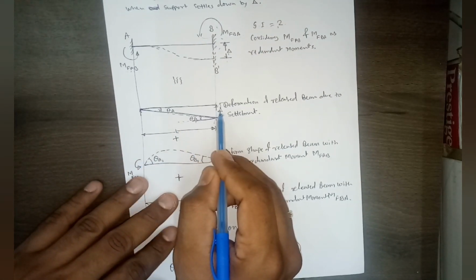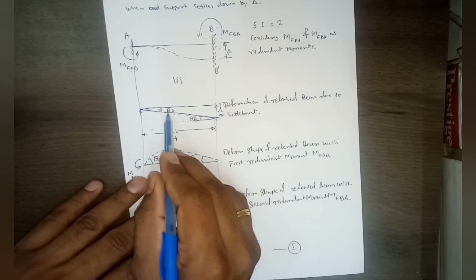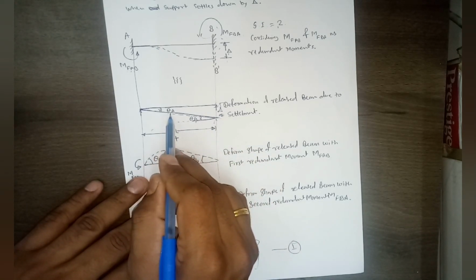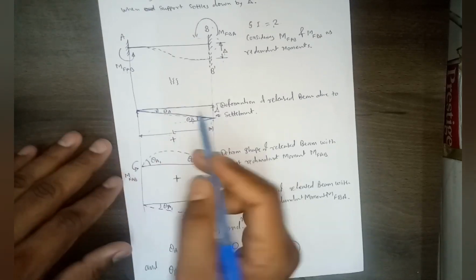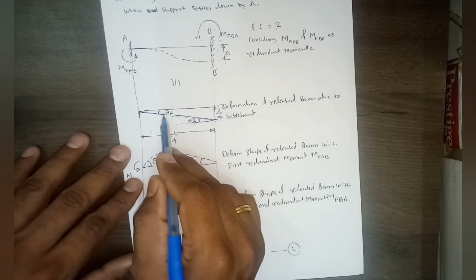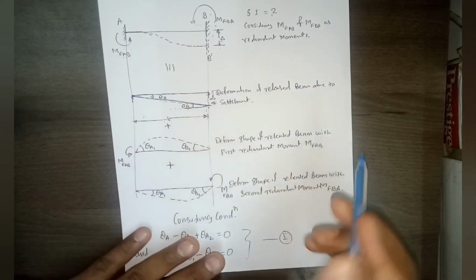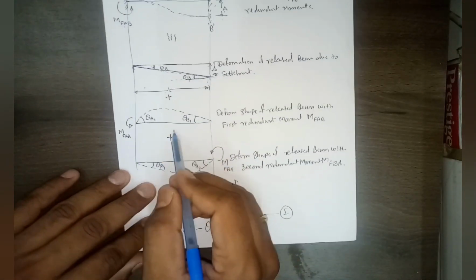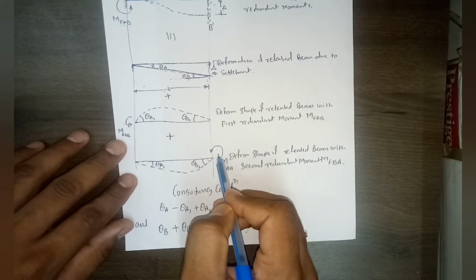Now if this is delta and this length is L, what will be theta A? It should be equal to delta by L, right? Theta is equal to delta by L. We will substitute that a little later, and then we apply the fixed end moments.